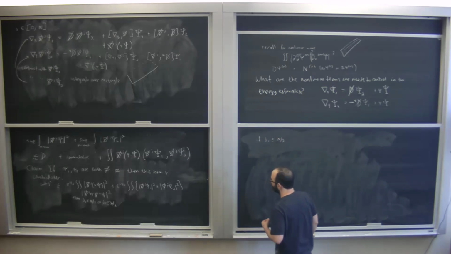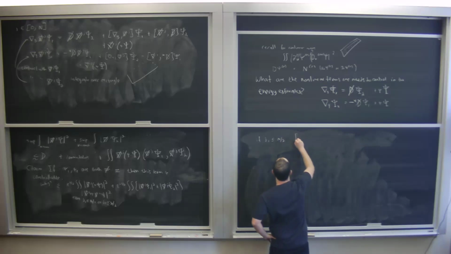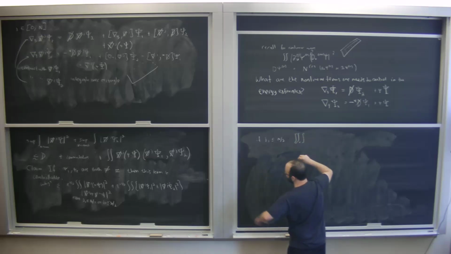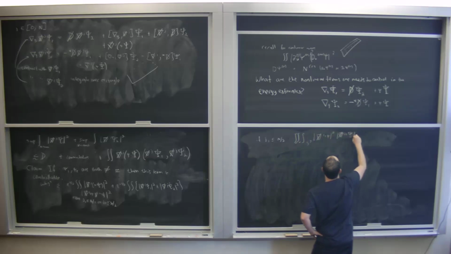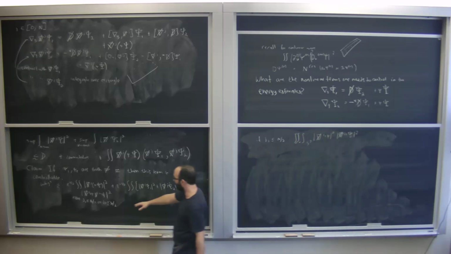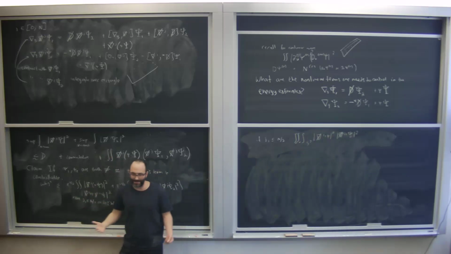So for example, if j1 is less than n over 2, then let me now throw in this integral over v, over u, integral of v. I've been suppressing that there's an integral over a sphere, right? So we have this term. I just need to argue that, note this term has an epsilon here, so I just need to argue I can control it with the bootstrap.